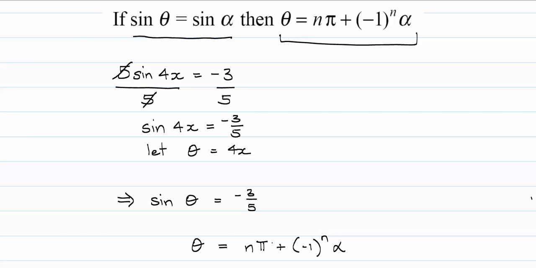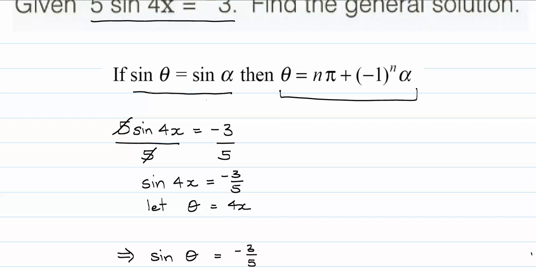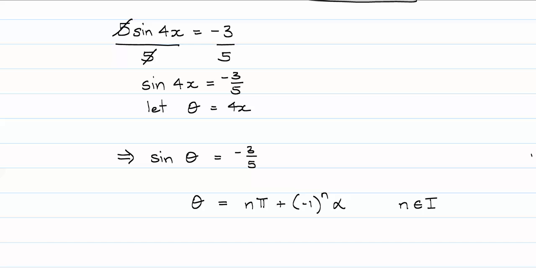Remember that n is any integer, so n is a member of the integer set, which means it can be negative 2, negative 1, 0, 1, 2, and alpha is something that we need to calculate. If we look back at the formula at the top, we see that the left-hand side of that is sine alpha, so the right-hand side of our equation, negative 3/5, must equal sine alpha, which then allows us to work out what alpha is.